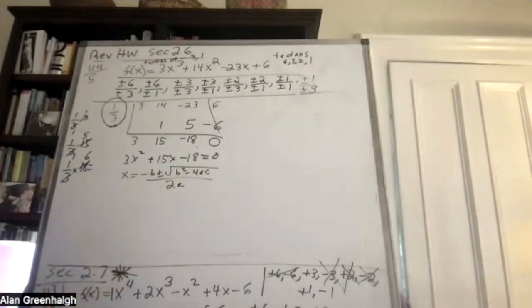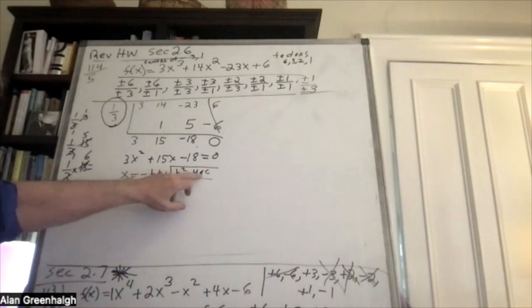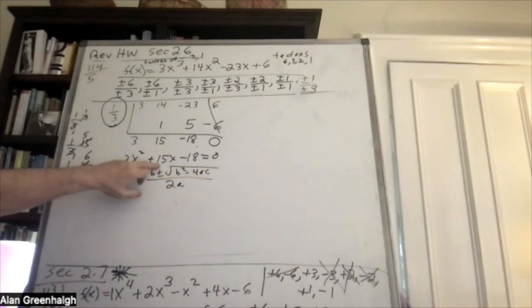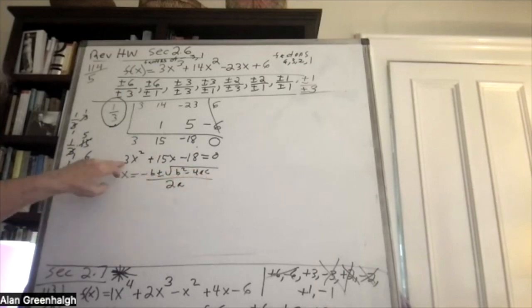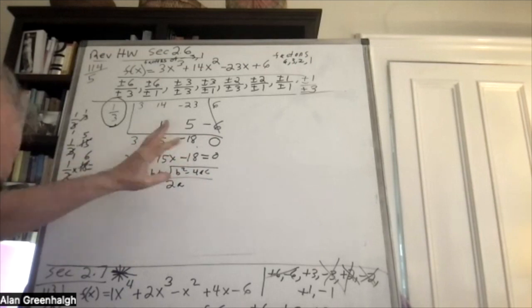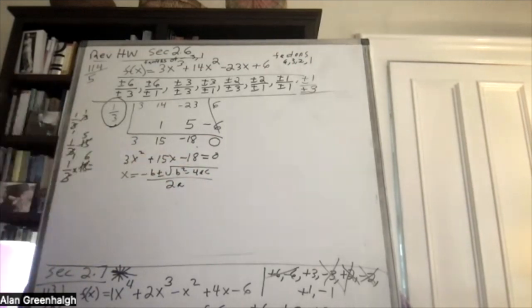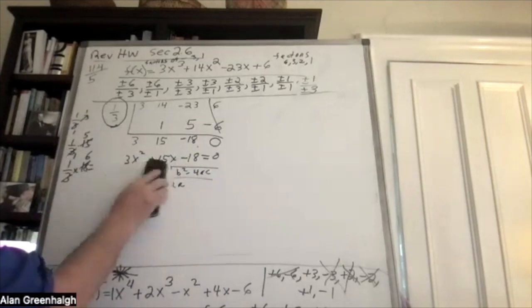You could do that. I'm not doing that because the numbers are going to be huge. B squared is 225, minus 4 times a times c, which is 4 times 3 times, I'm not doing that. I'll tell you what I'm going to do.